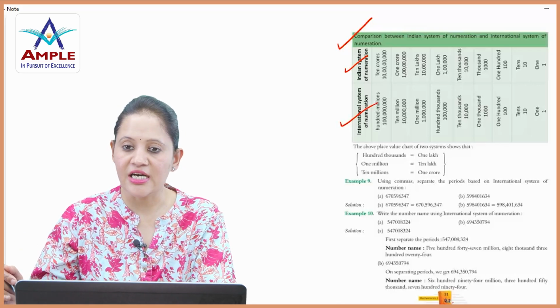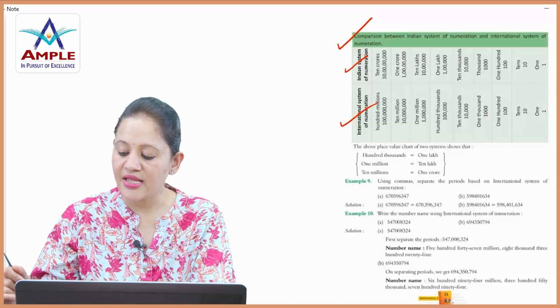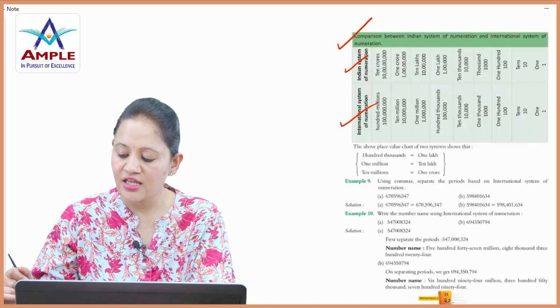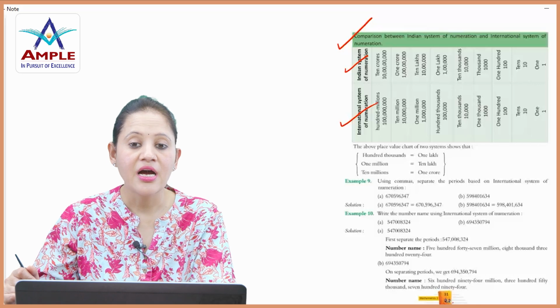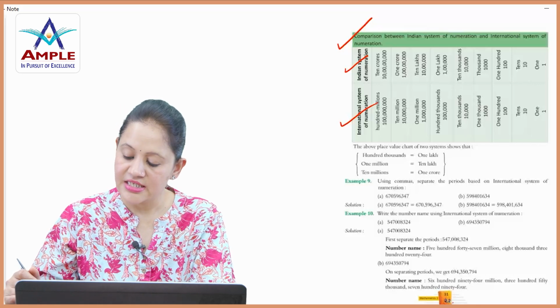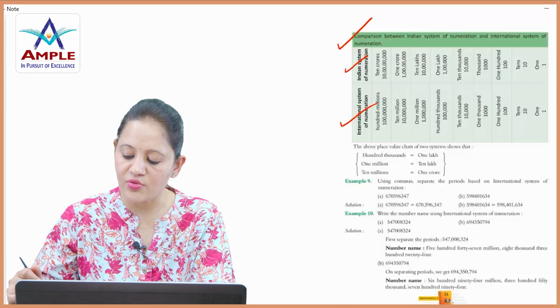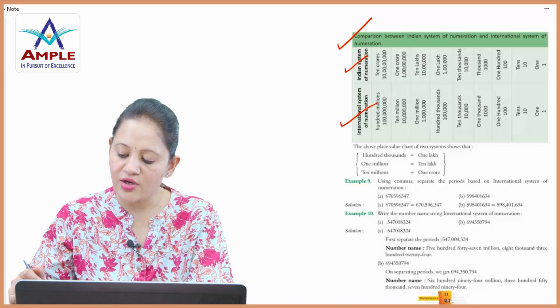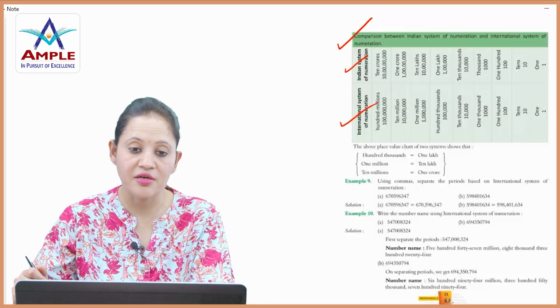So first start from the ones, tens, then 100, then 1000, and this is 1000, 10,000, 1 lakh that is equal to 100,000, 10 lakh that is equal to 1 million, then 1 crore that is 10 million, and 10 crore that is equal to 100 million.